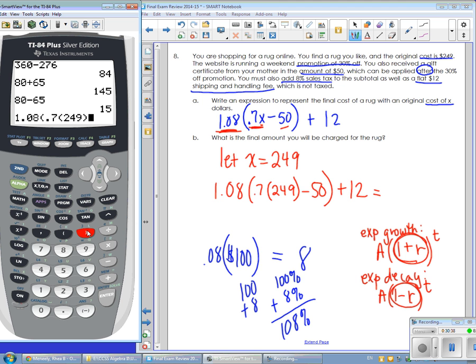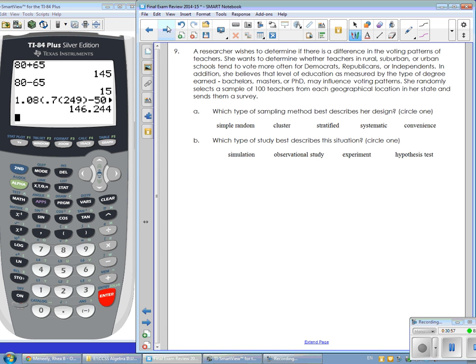And then I need to subtract the $50 from my mom, and then add the 12. And we end up paying $146.24. And so that's the final cost of the rug. Pretty good deal.